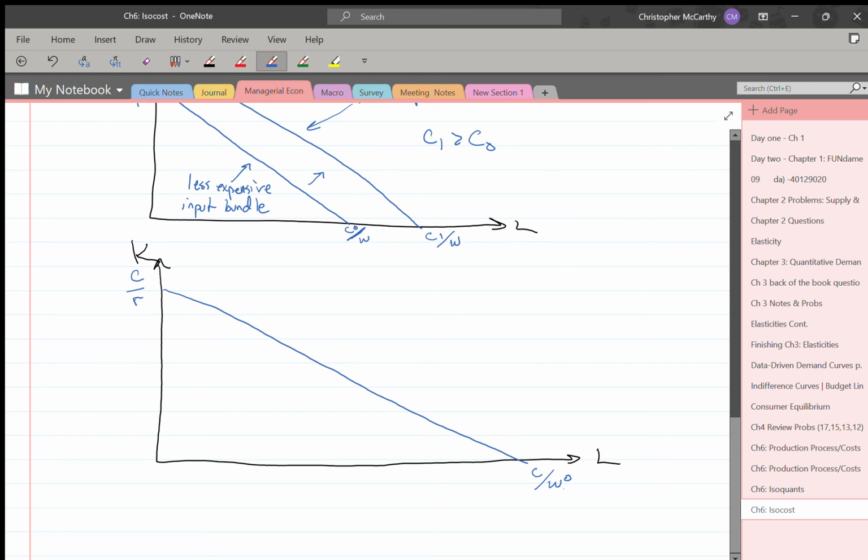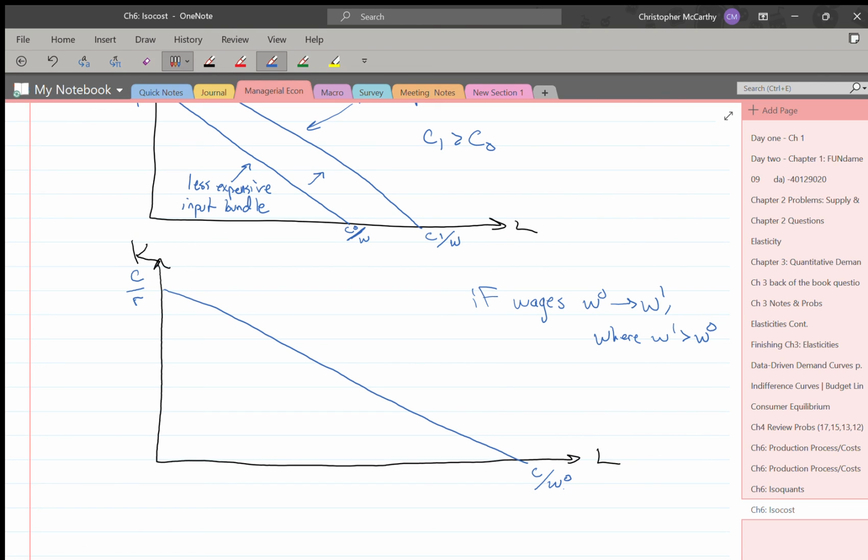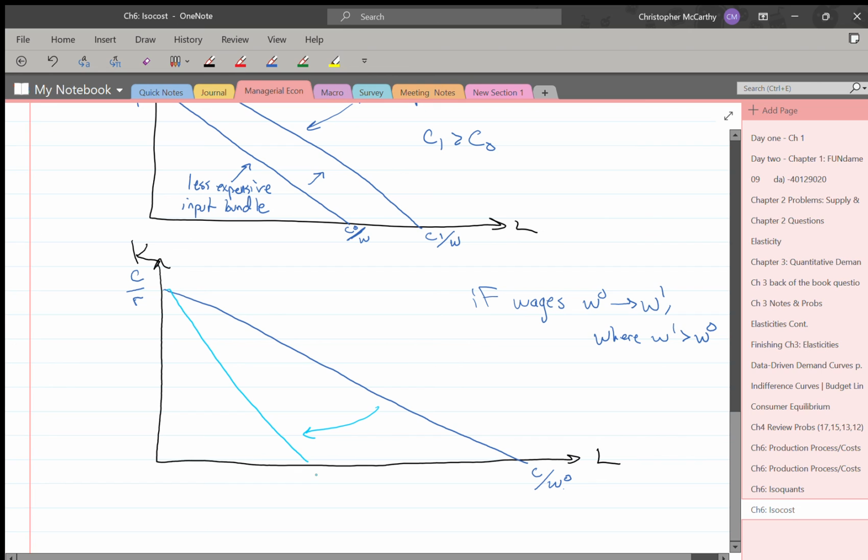If there's an increase in the price, then that's going to rotate this line inwards to a new point, C divided by W1.